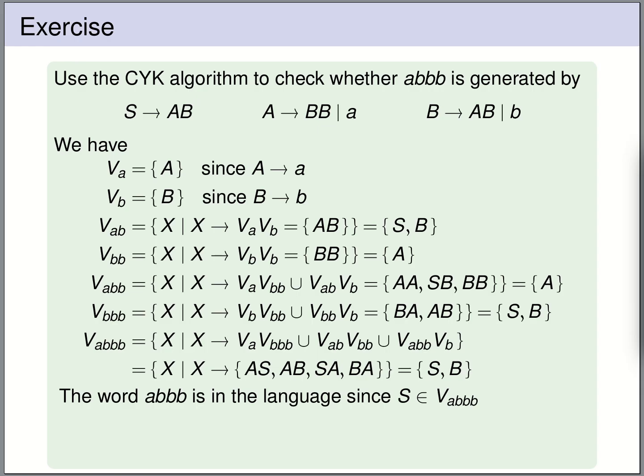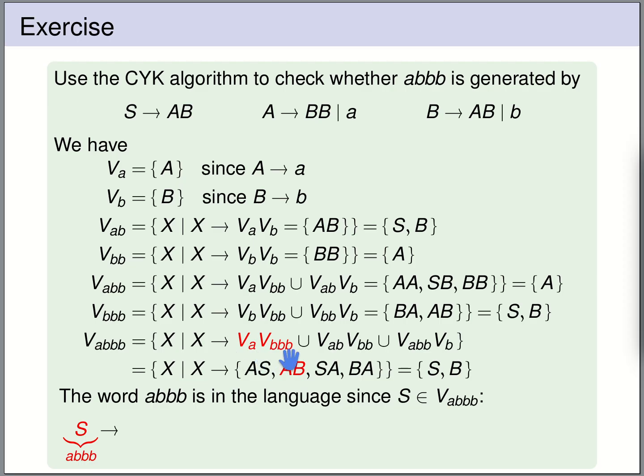Now we know that our word is generated by the grammar, but how can we derive it? So we know that we start with the starting variable S and we want to derive ABBB. So we look at the set VABBB and we look how did we get the variable S here. We got this variable S because we have a rule S goes to AB and we have AB in the set here. And this AB comes from this set here, VA and VBBB.